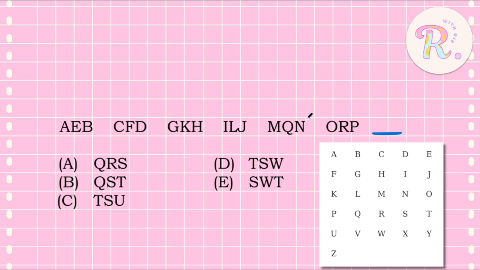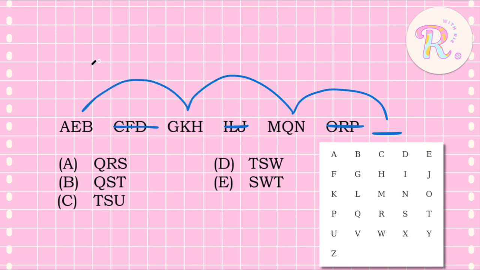Pair and explore. It is letter series, so leave a letter, leave a gap. Social distancing tayo. So CFD, ILJ, ORP are not entertained. Okay, only these ones are the terms that matter. So from A to G to M. A, so we have here 1, 2, 3, 4, 5, 6. So it's 6.